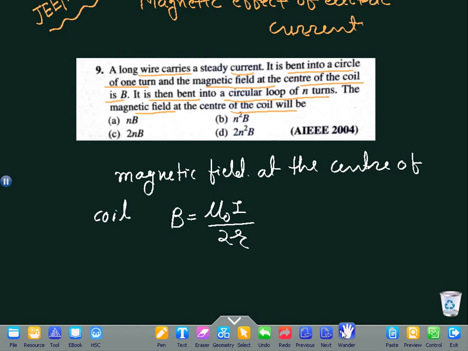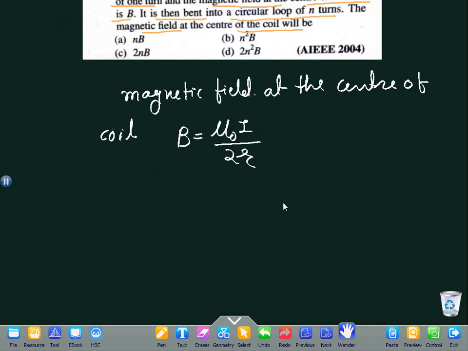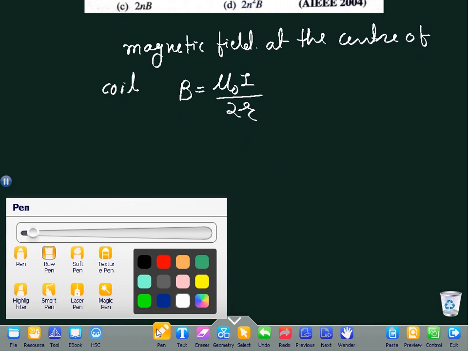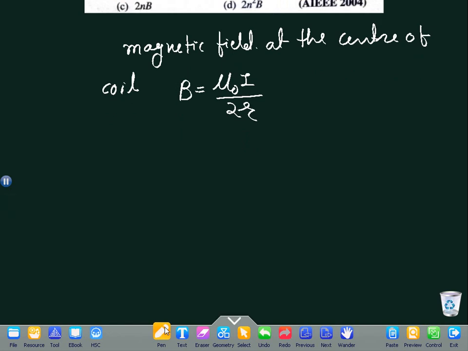Here a long wire is bent into a circle. If the radius of the circle is r and the length is l, then l is equal to 2 pi r, and from that we can determine r is equal to l upon 2 pi. This is the value of radius.